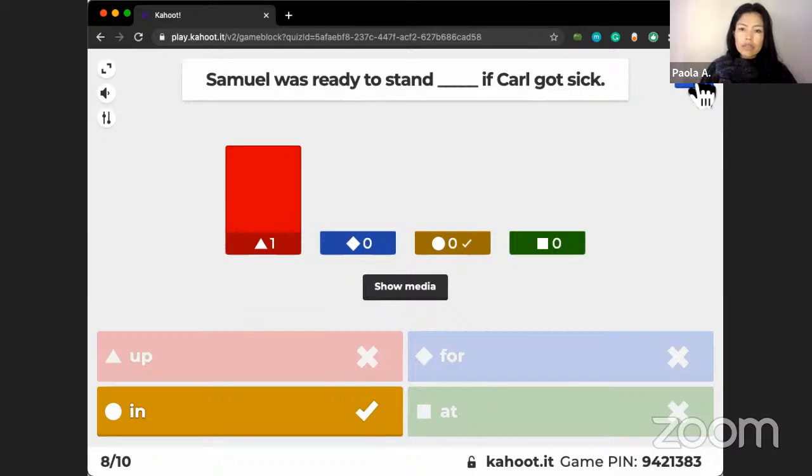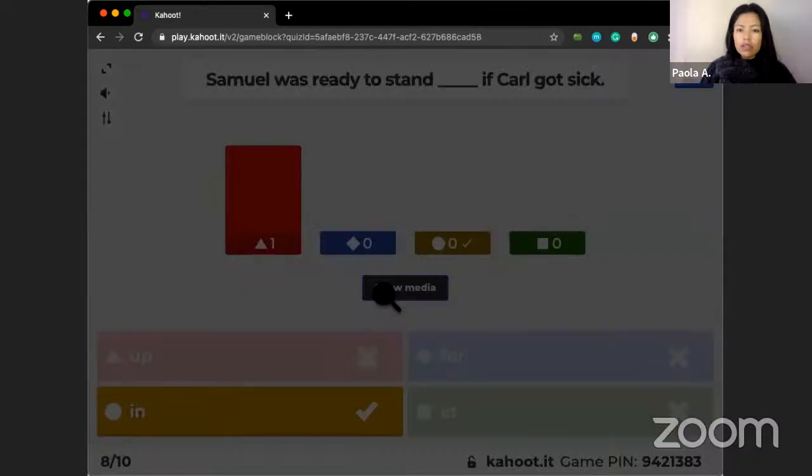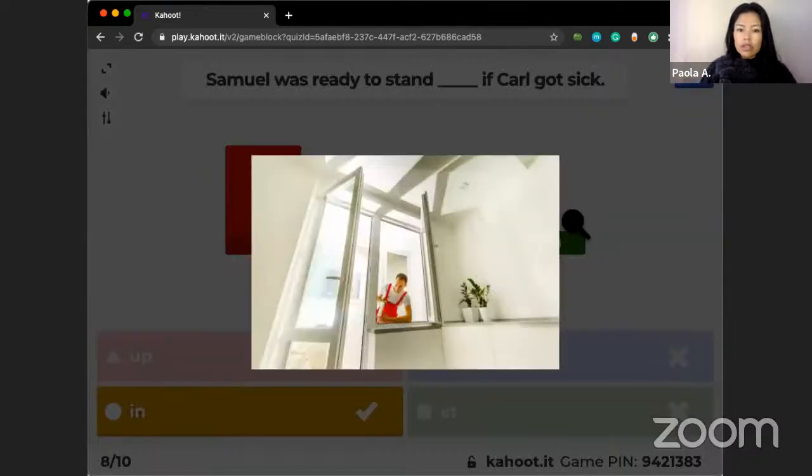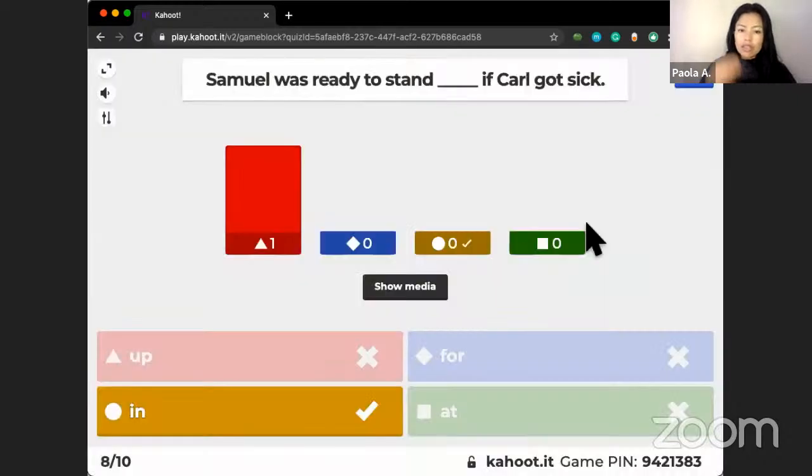If they're working together and this person gets sick, the other one is going to go and do the same job. Stand in is like to show up, to replace them, if they need to stand in.